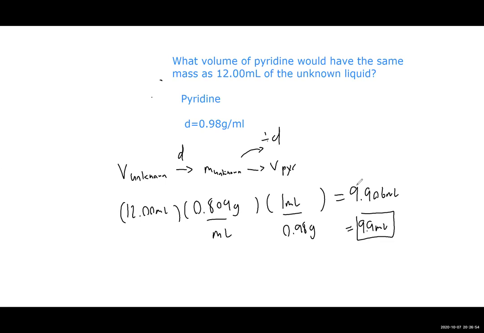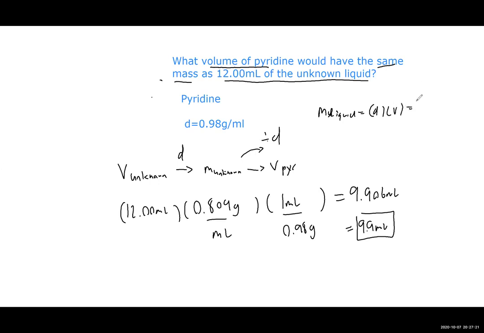Does that make sense to everyone? Does this idea make sense? Professor, I don't understand this question at all. Okay, so just to talk a little bit about this, we're asked what volume of pyridine would have the same mass as 12 milliliters of unknown liquid. So in the first step, we can calculate the mass of our liquid by taking the density times the volume.